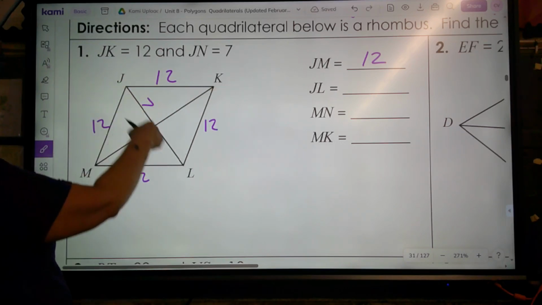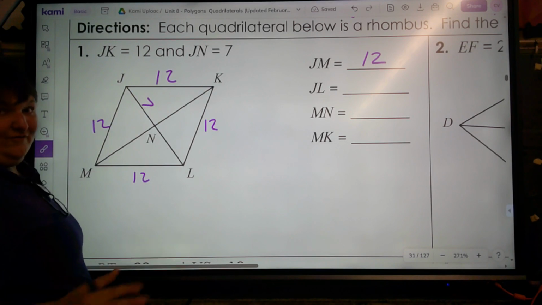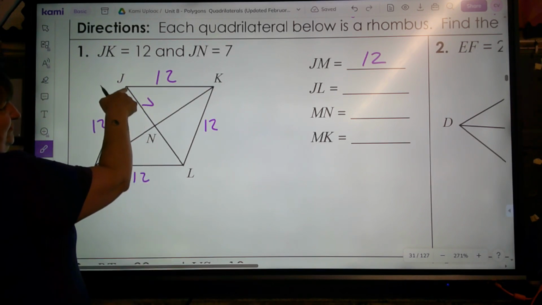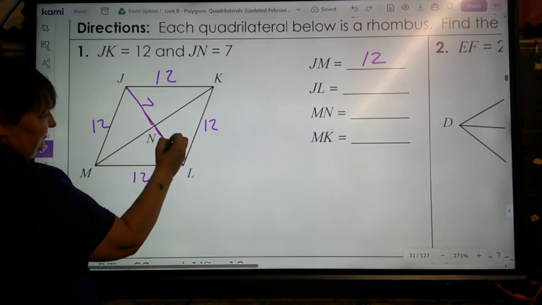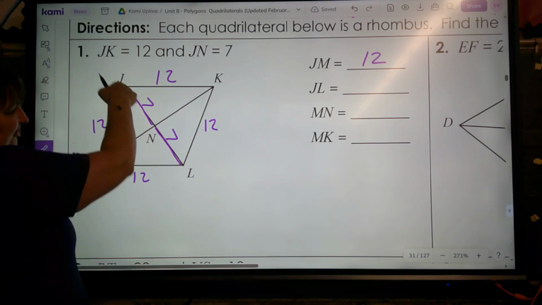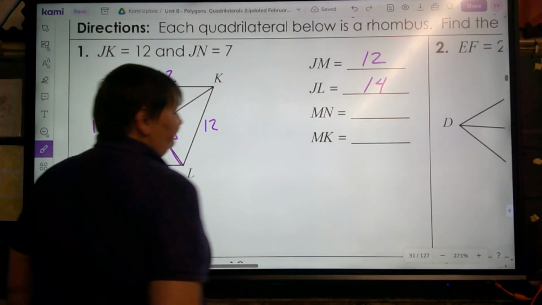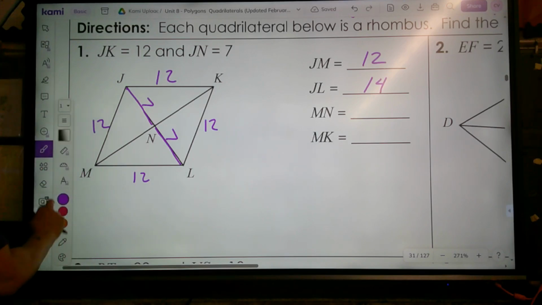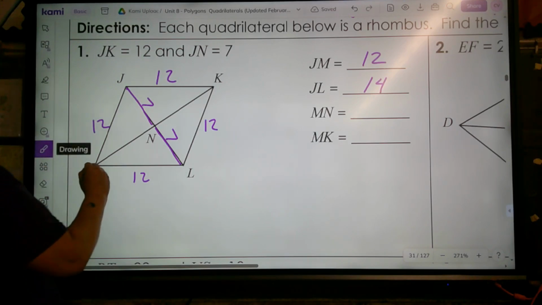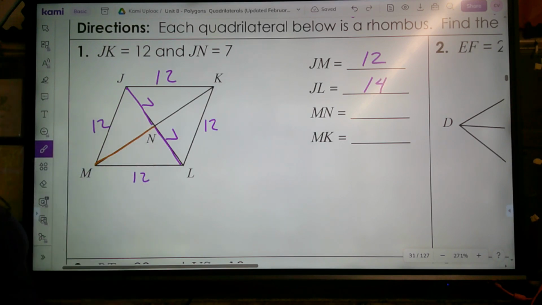J to L. We know diagonals bisect. So if this piece is 7, then this piece is also 7. So J to L is 7 plus 7, which is 14. And then we have M to N, this piece. How do we find that piece?